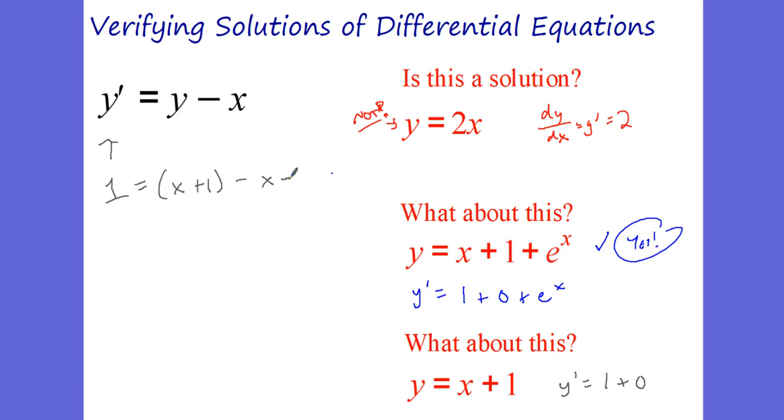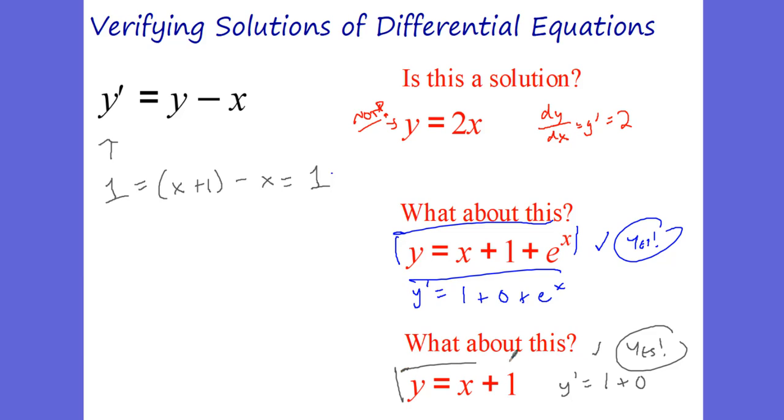What cancels out is the x's, and we're left with 1. 1 is equal to 1. Ding, ding, ding! That works as well. There were two different solutions to this differential equation, and both of them worked when I tried them.